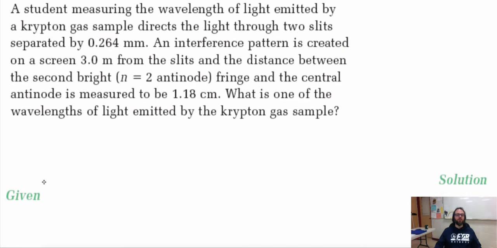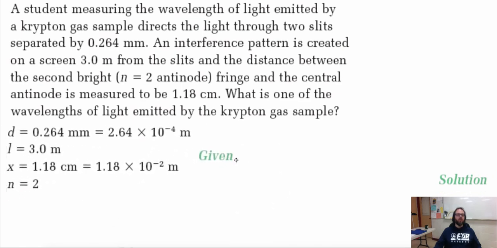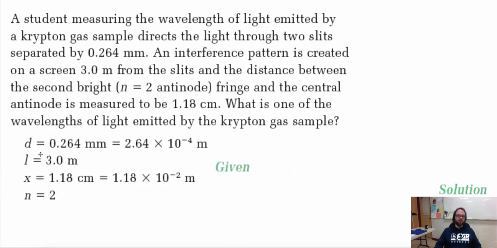So now, given all of this, we are given the length from the screen to the slits right here. We know the distance between my nodes, the distance between my slits here, and how many nodes it is.